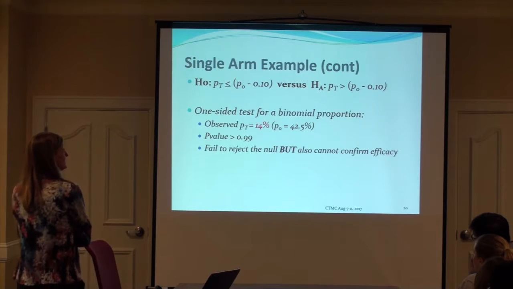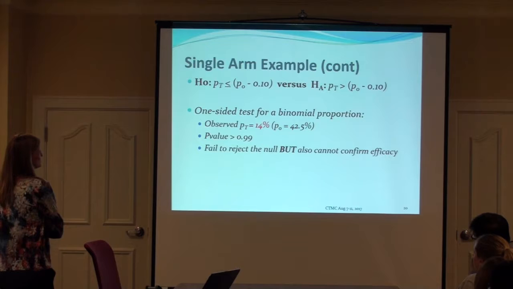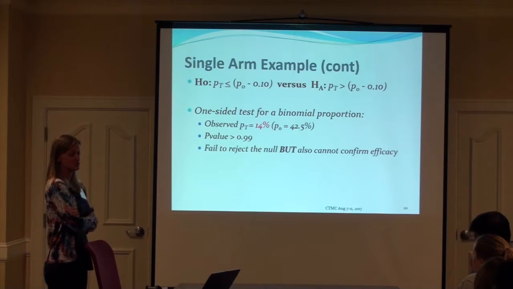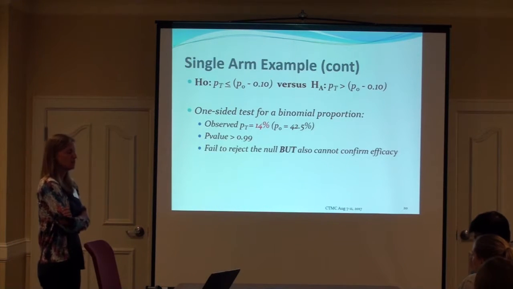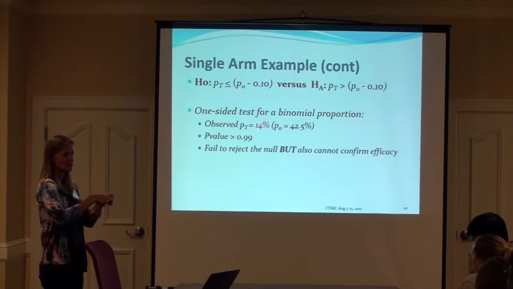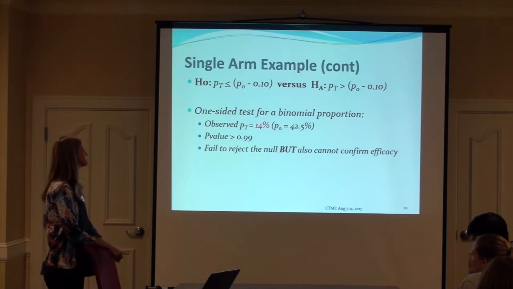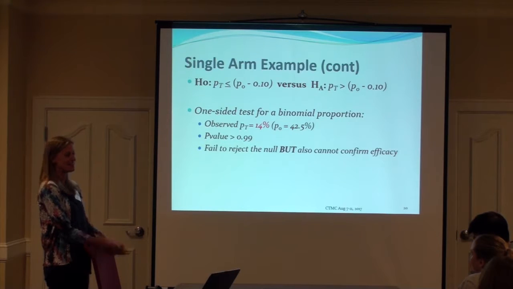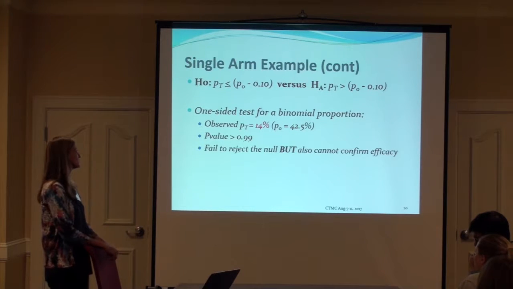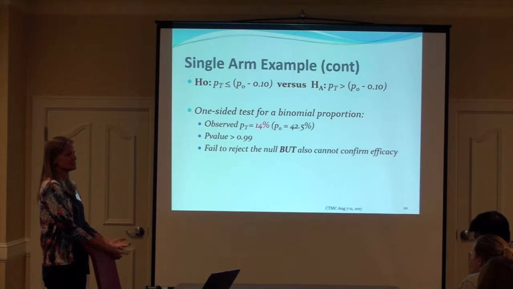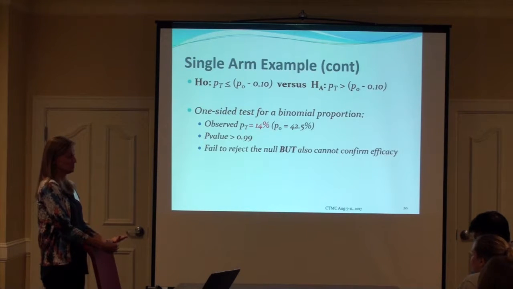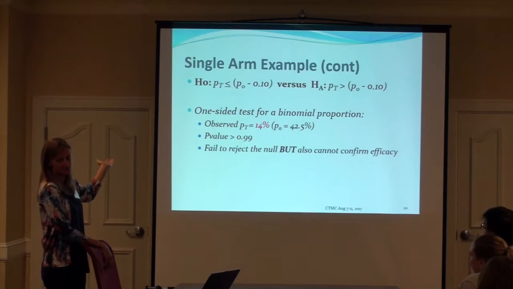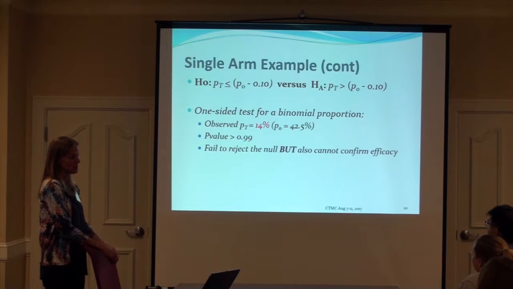But what if you're doing your futility study and your failure rate was actually only 14%? You would have to hold the reins on your clinical investigators because they would be so excited that they say, oh my gosh, I have a home run, this is really working. But one of the things that you have to remind everyone is that just because you fail to reject in a futility setting, and you might see these treatment effect estimates, that doesn't mean you proved efficacy, because your study design wasn't meant to prove efficacy.